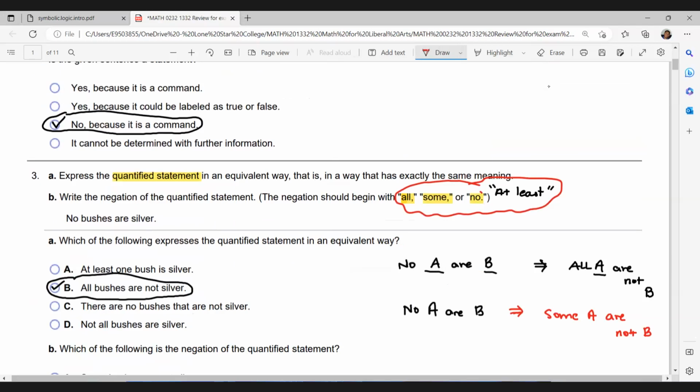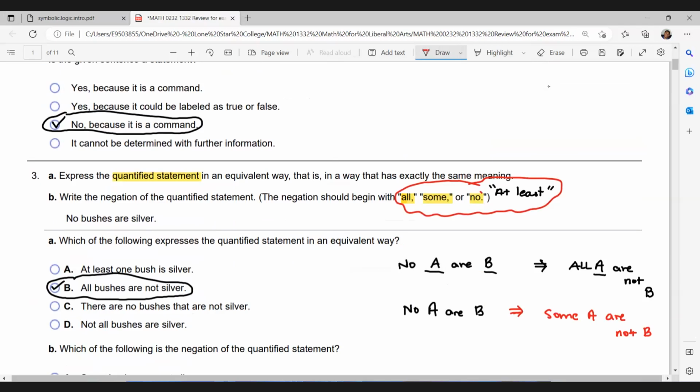You see it here in the second part of the sentence. But instead of talking about the entire population, I say that there might be some of them that are not, in this case, silver.